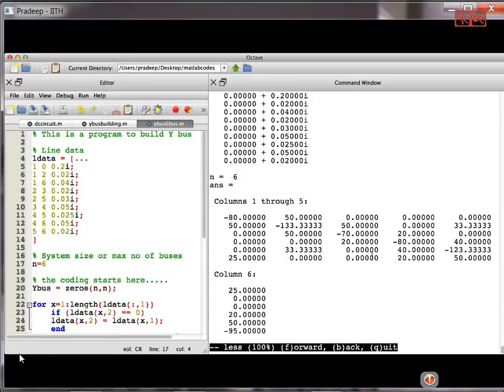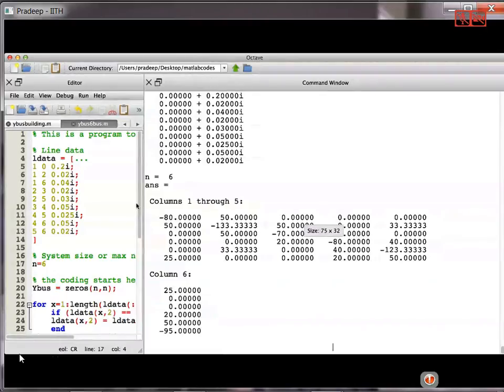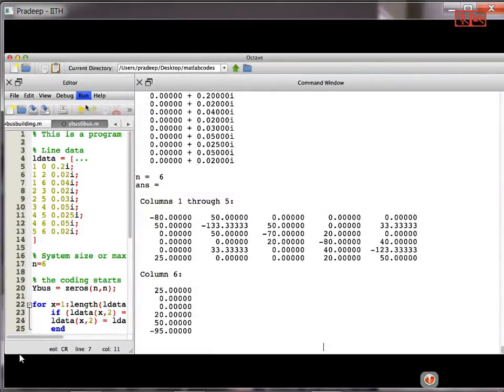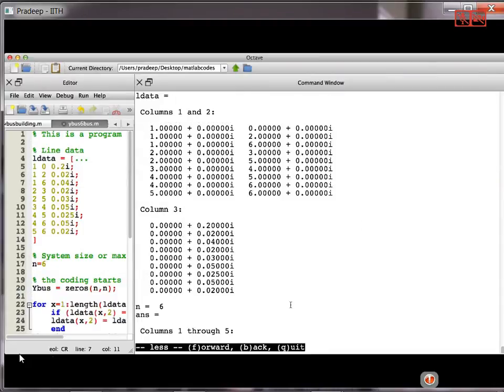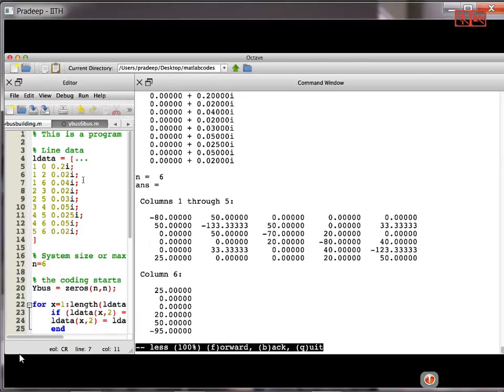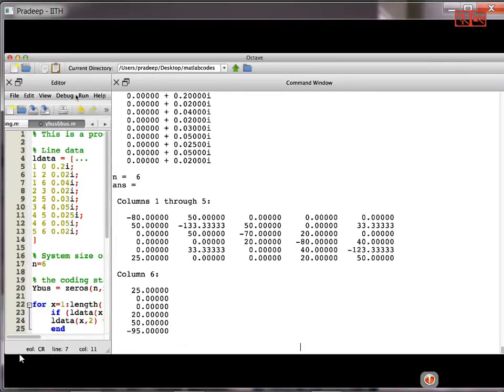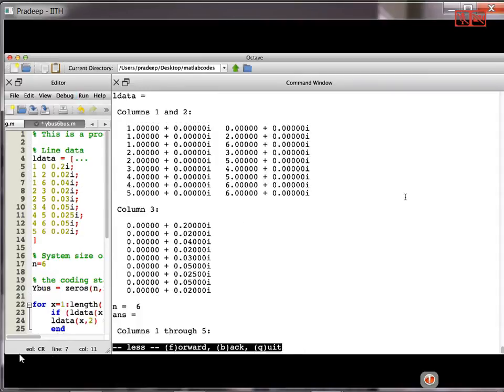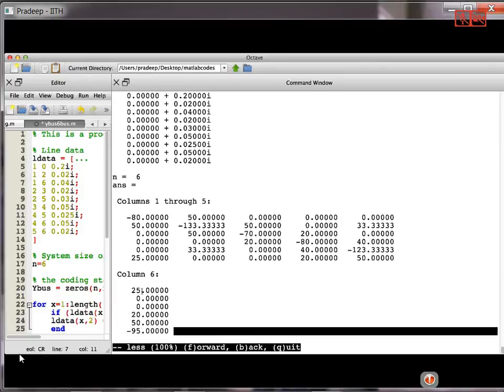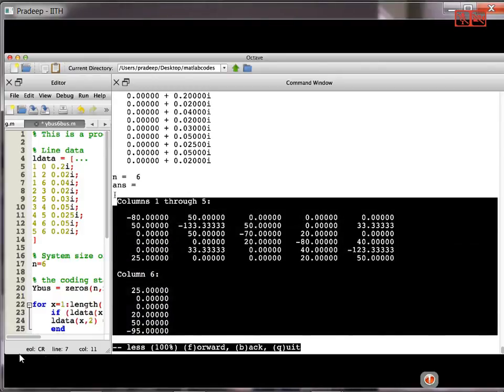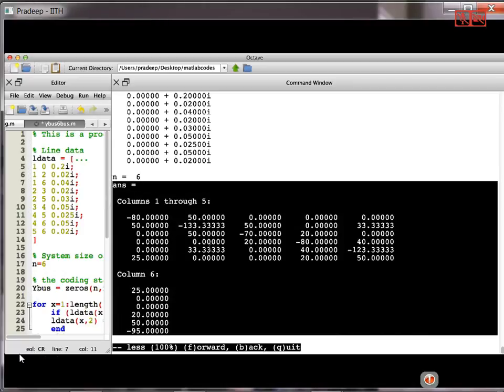So finally I got the answer. Let me reduce this so that I can display it properly. Okay, so this is my final answer.